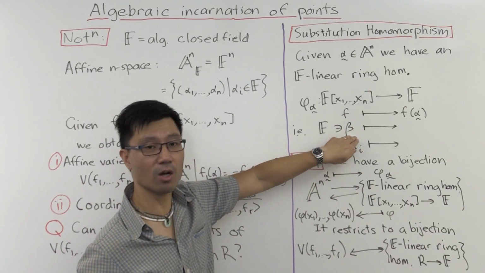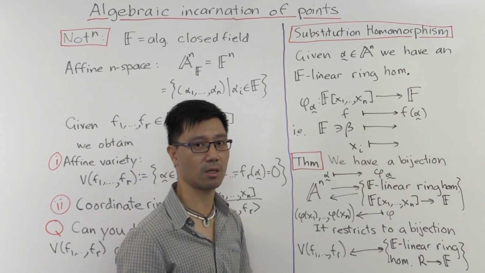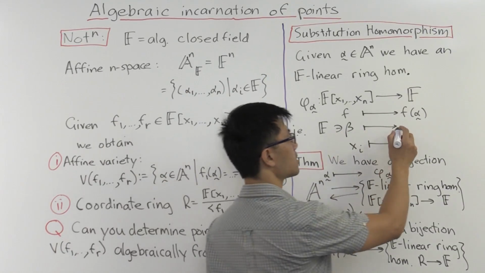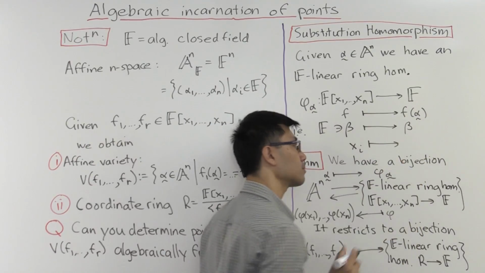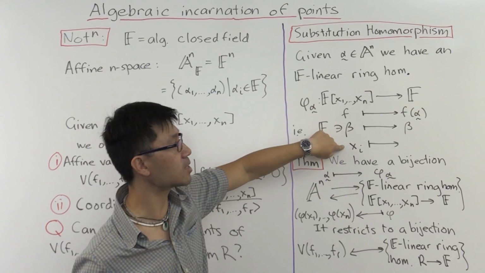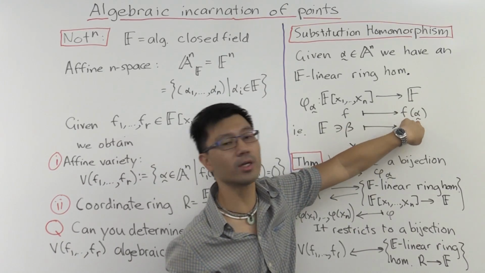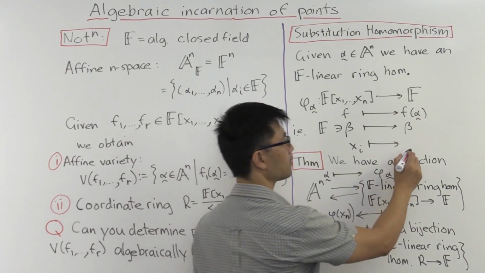If you have beta, that's a constant function. It doesn't matter what you're substituting, you'll still get beta. So the constant beta gets sent to beta. What about xi? Well, here you just substitute in the corresponding entry of alpha tilde. So that's just alpha_i.